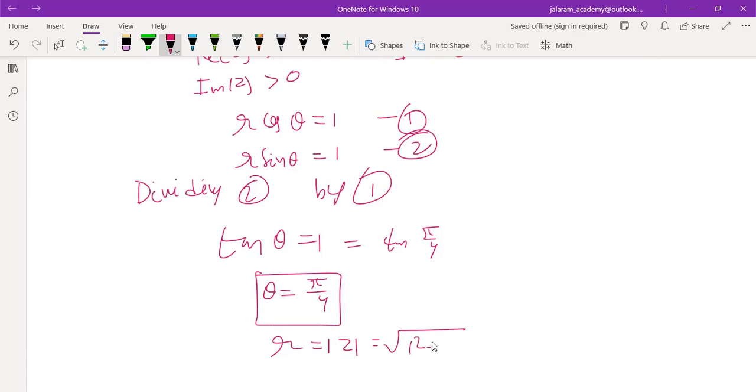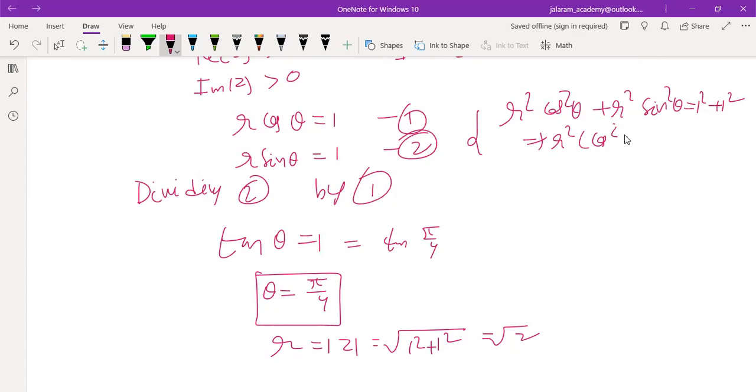So it is under root of 1 square plus 1 square, that is root 2. Or we can also square and add both. So r square cos square theta plus r square sin square theta equals 1 square plus 1 square. r square is common, into cos square theta plus sin square theta, equals 2, that is r square equals 2, that is r equals root 2.